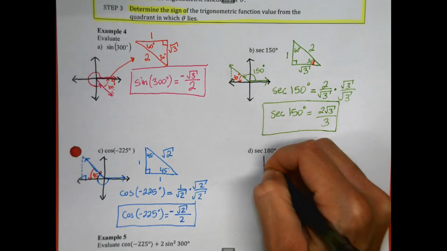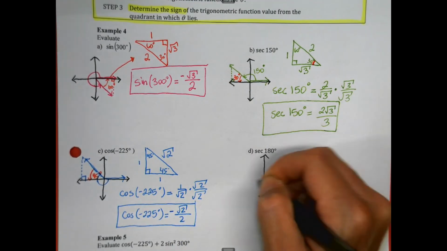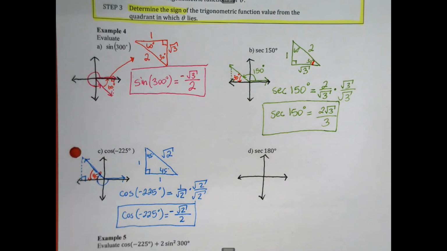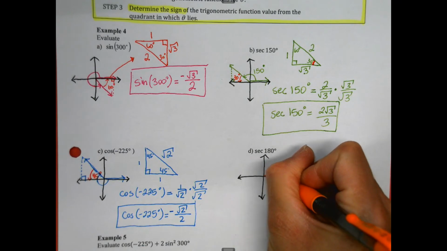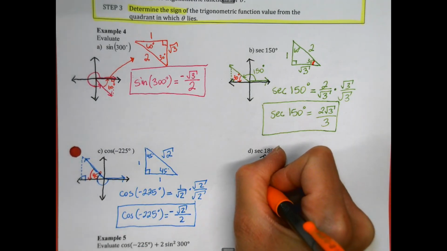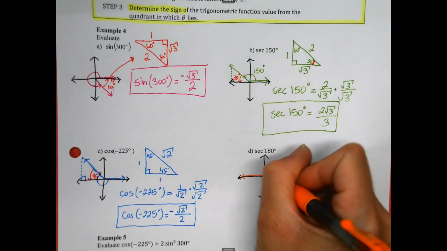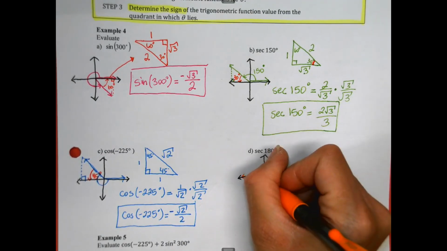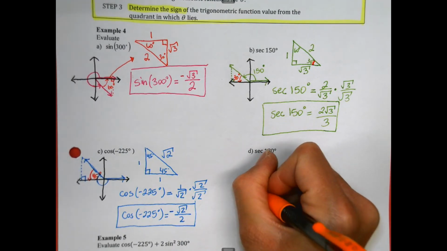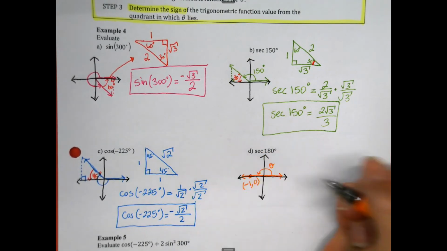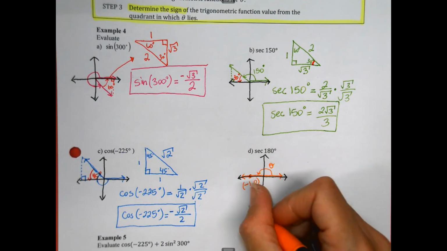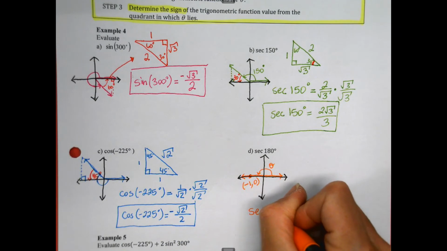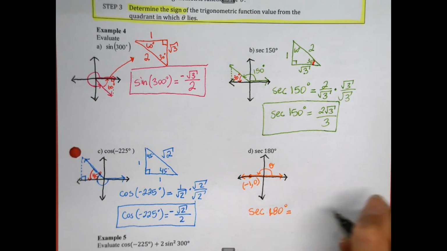And then secant of 180 degrees. This is a quadrantal angle. So therefore, all we have to use is an XY pair because there is no reference angle or special right triangle here. So we pick our point, negative 1, 0, and therefore secant of 180 degrees is equal to r over x.